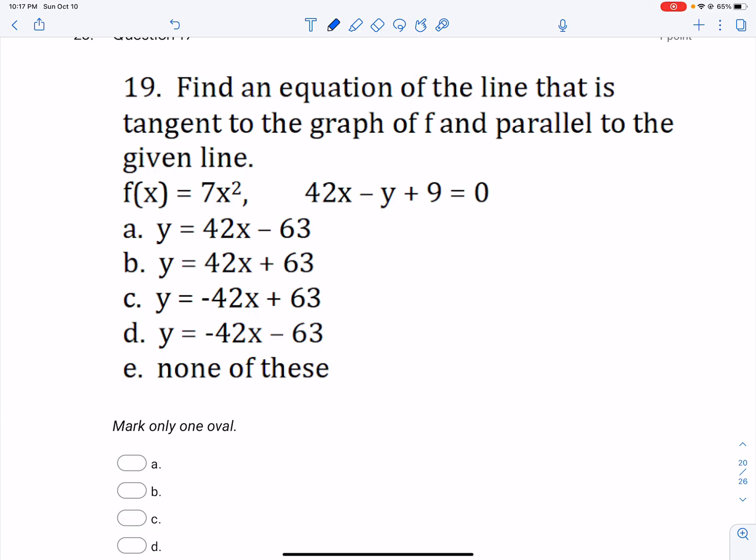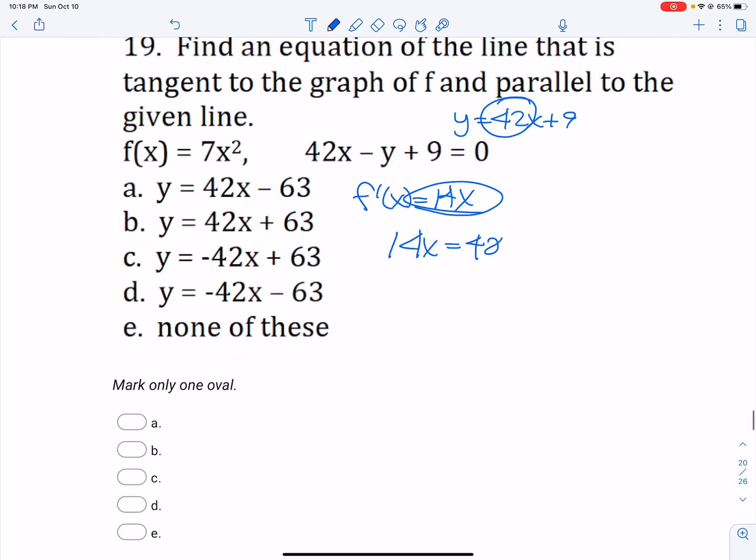Okay, find the equation of the line that is tangent to the graph and parallel to the given line. Okay, so then that means that y is equal to 42x plus 9. So f prime of x is equal to 14x, and 14x has to be equal to 42 because the slope of this line here has to be the same as the slope of the tangent line.